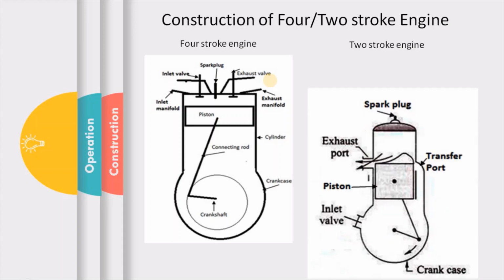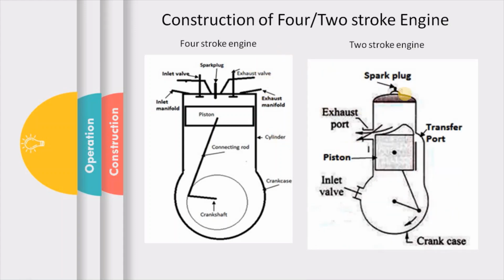Comparing to this, we have a two-stroke engine something like this. Here we have what we call the exhaust port, the transfer port, and one more which we call the inlet valve. This piston moves up and down, and let us discuss the difference.